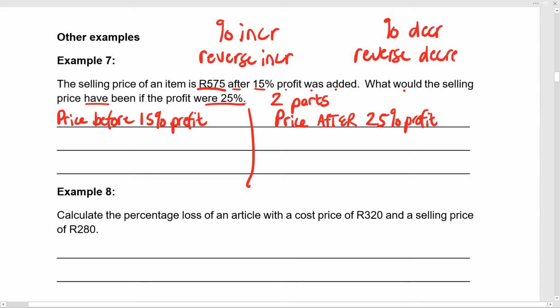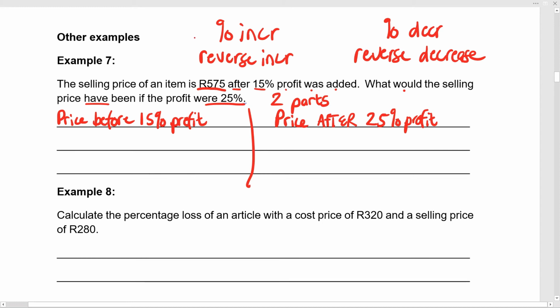And so now the challenge comes in to pick which one of these four that we've worked with are going to be relevant here. We're definitely going to use two of them. So we want to know what was the price before a 15% profit. Well, a 15% profit would have been a percentage increase, right?